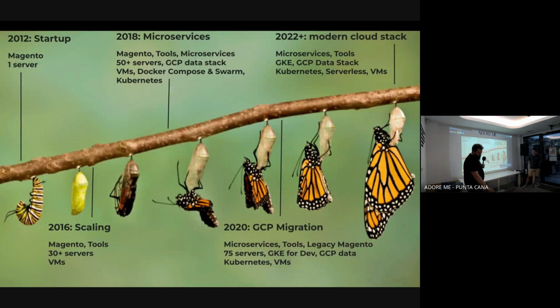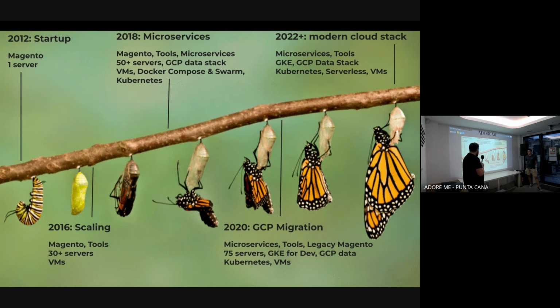Cool. And well, how did we get here? We had a super shitty Magento instance running on a VM somewhere in an anonymous colocation data center.